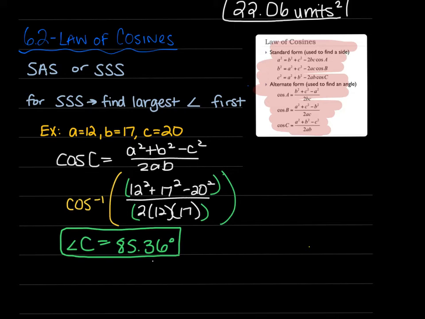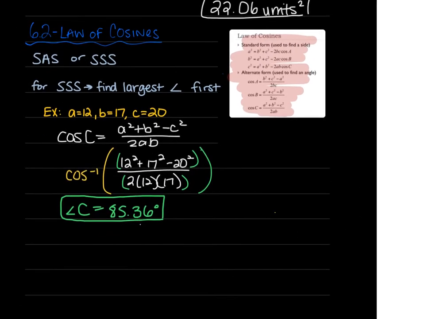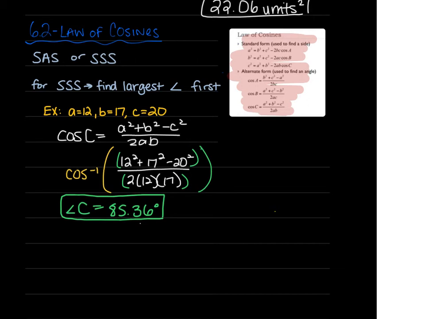So now we can stick with law of cosines and continue to use it to find the other angles, or we can switch and use law of sines as long as you've found that first angle first, the biggest angle first. So I'm going to stick to law of cosines just so that we can get more practice with it. So the next one would be, let's say we're going to find cosine A. I would do B squared plus C squared minus A squared over 2BC.